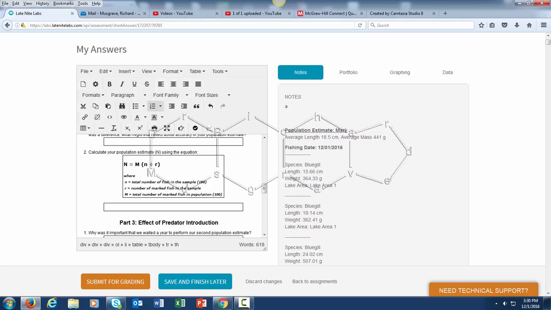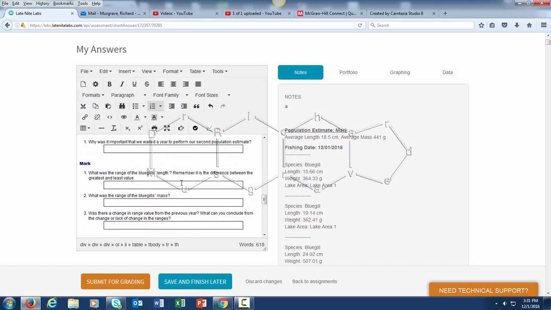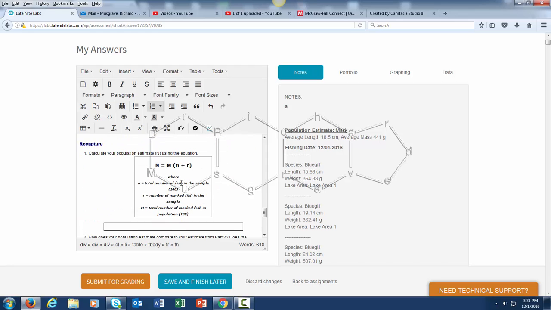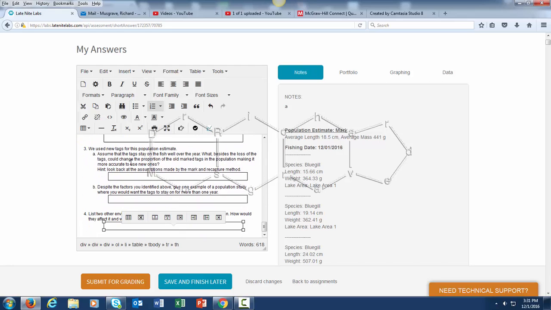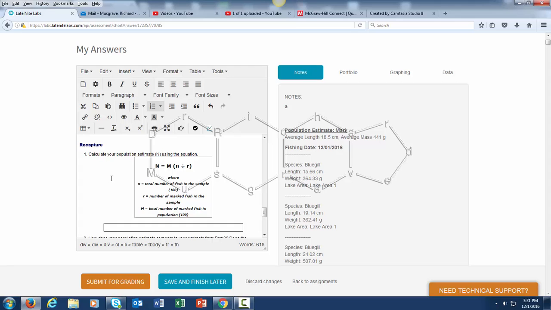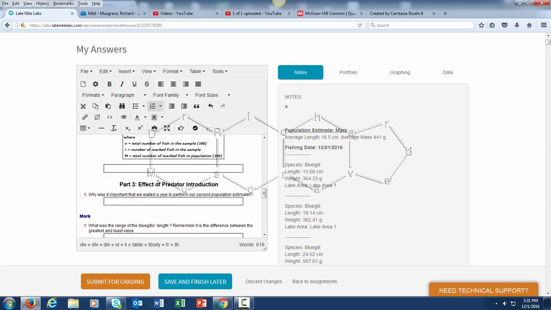The other values are given to you, and it's not a particularly hard math problem to figure out what the total population would be for the fish. And again, you'll see it for the recapture as well, after the predator has gone into the lake, and then you'll get an idea of what happened to the population during that time. All right, so that's pretty much it. You should be able to answer most of the questions now.